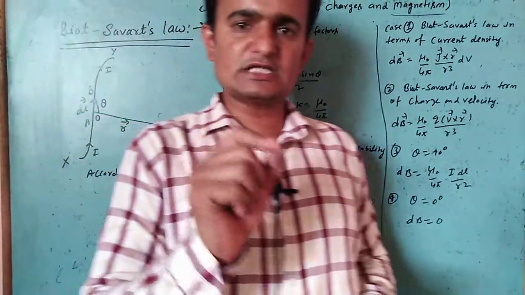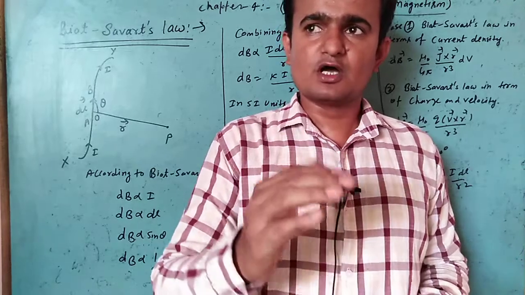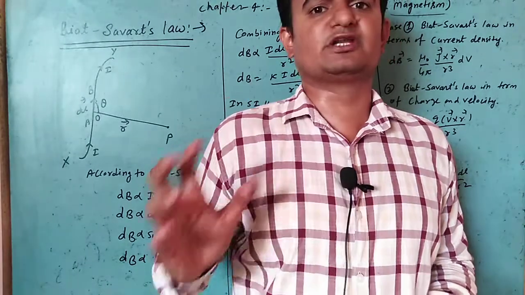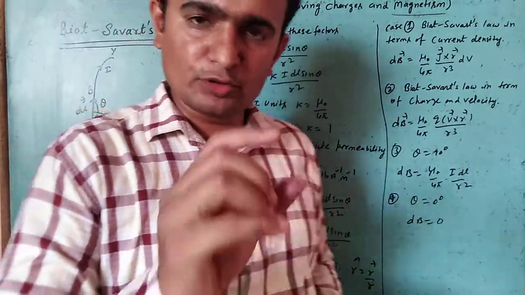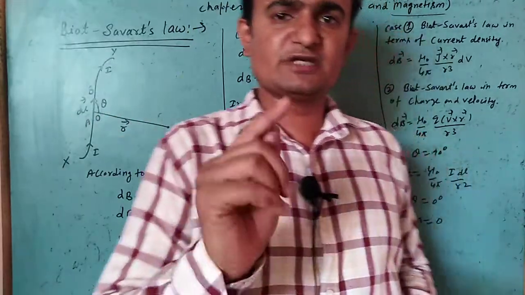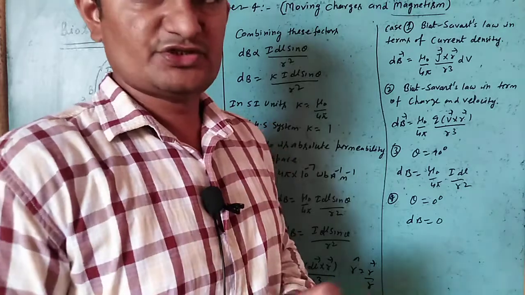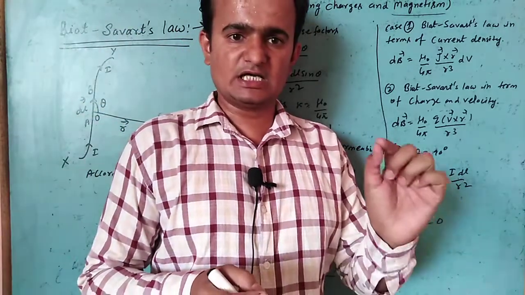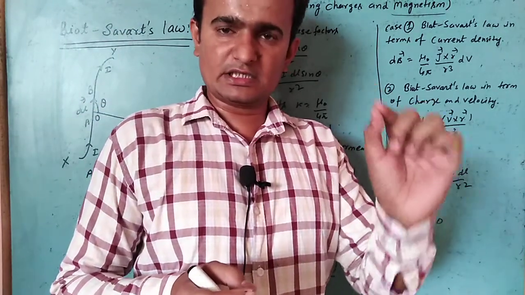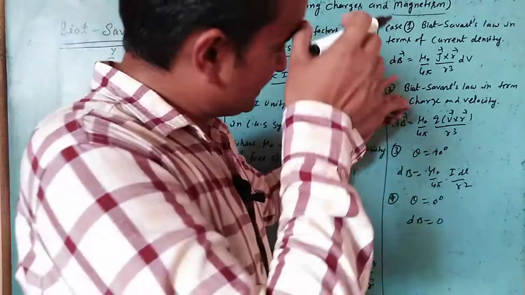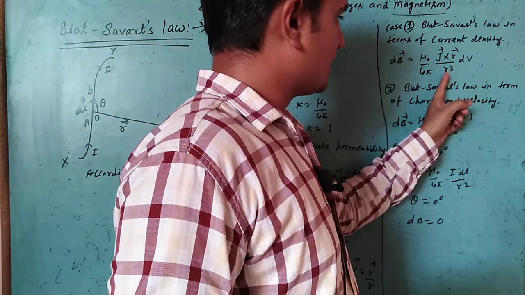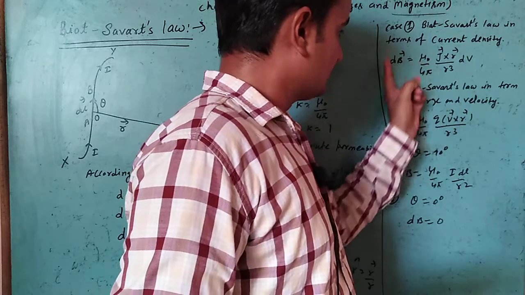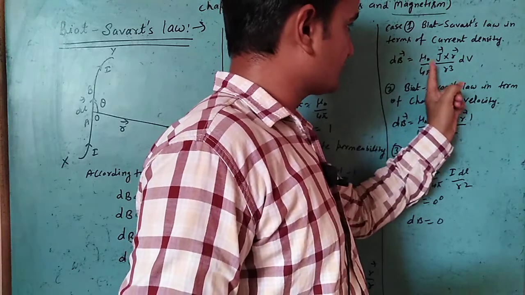Current density is defined as the ratio of amount of current per unit area, where J equals I upon A. J इक्वल टू current density, I current है, A एरिया है, where dB equals mu naught upon 4 pi J vector cross r vector upon r cube into dV. This is the Biot-Savart law in terms of current density.